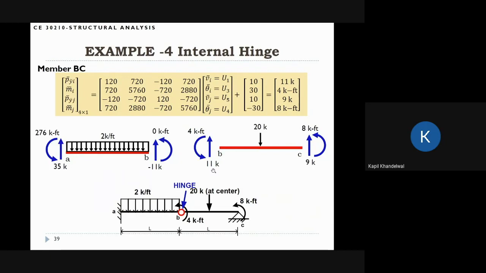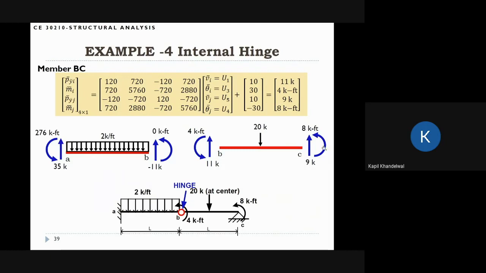Because there was no vertical force applied, if you add them together, the vertical forces minus 11 and 11 give 0. So everything is nice and clear, and there is equilibrium between everything. If you look at the individual equilibrium, for this piece here for member BC, the vertical forces are 11 and 9. 11 plus 9 is 20, balancing the 20 downward vertical force here.